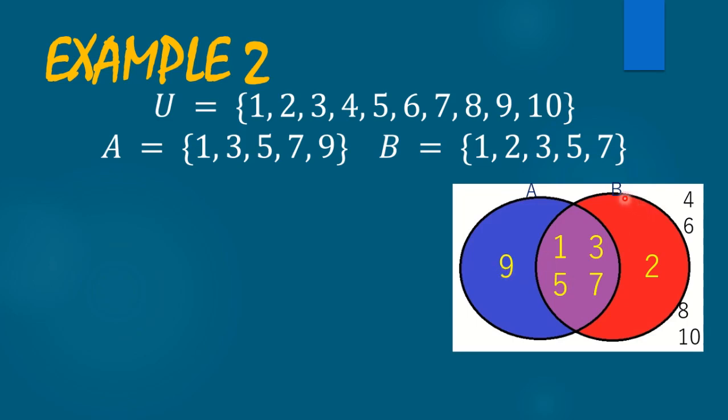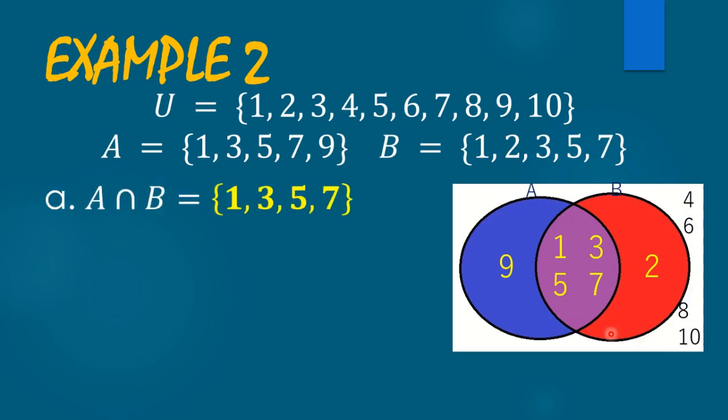Event B is the event that the number is a prime number, such as 1, 2, 3, 5, 7. Other numbers or elements in the sample space that can still be found in the universal set are 4, 6, 8, and 10.